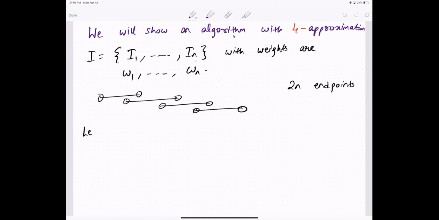So let P1, P2, so on up to P2n be the collection of endpoints of the intervals.